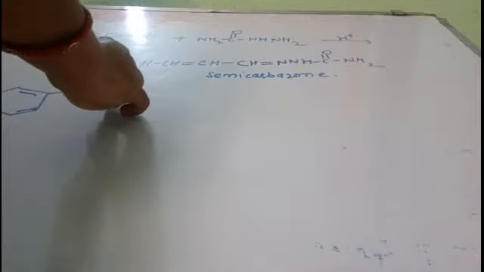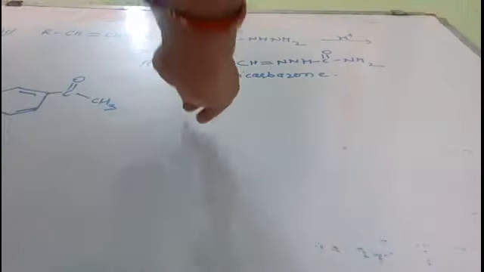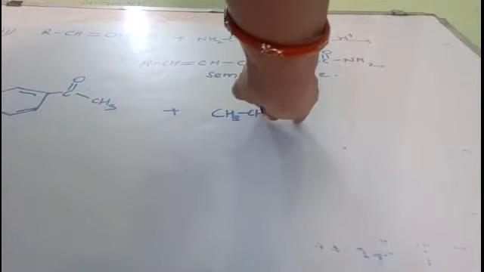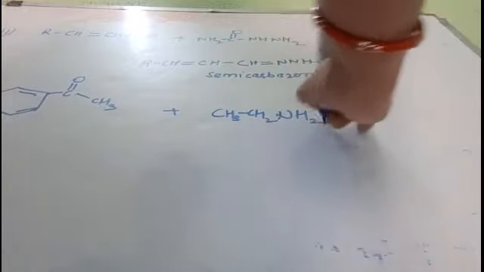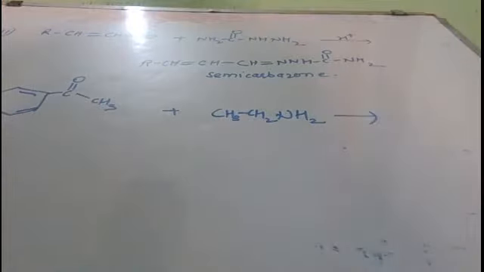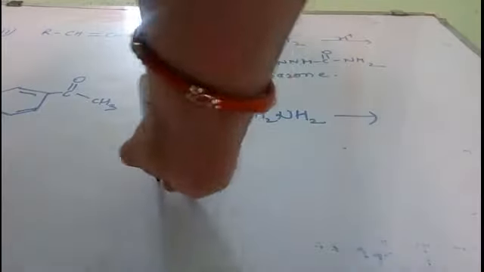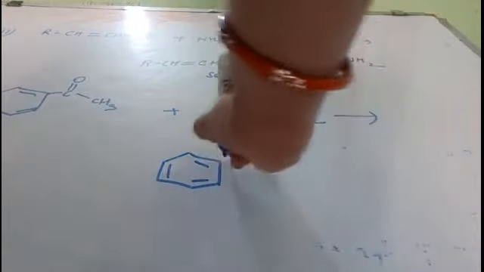Now the fourth one which is given is that we have been given acetophenone and we have to react it with ethylamine. So when we react it with ethylamine, we will get Schiff's base of acetophenone.